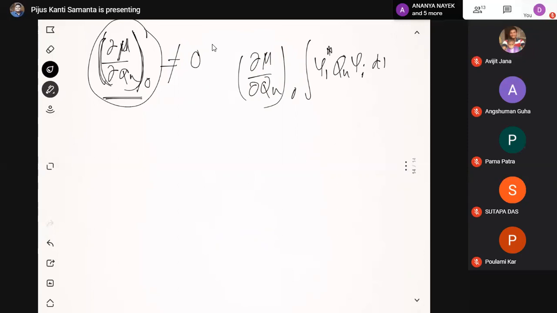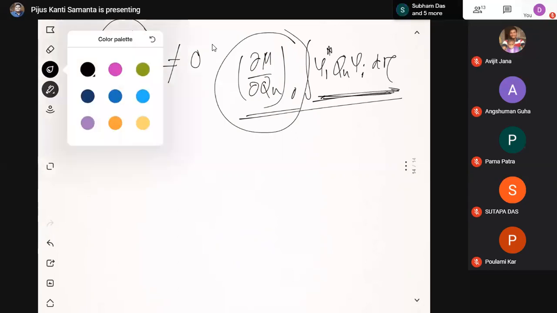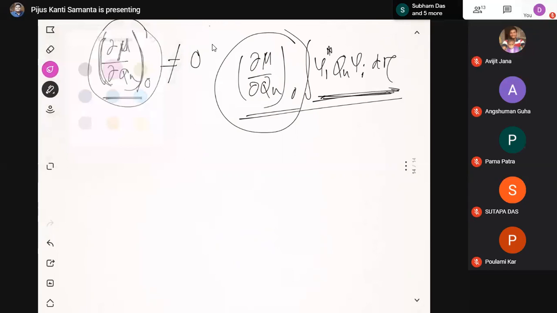This has to be finite, and this term will survive only if delta V becomes plus or minus 1 for the harmonic approximation.